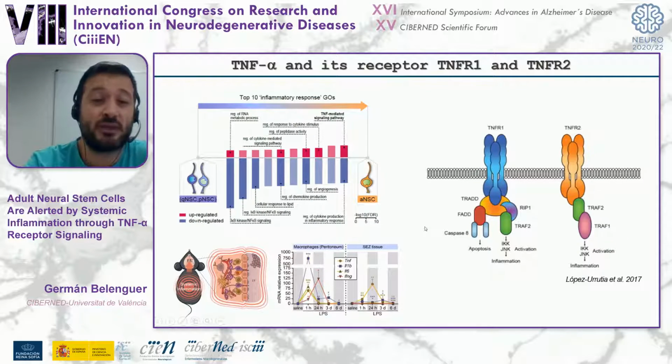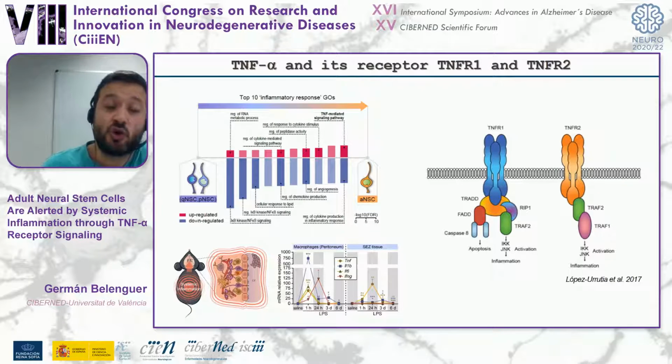If we look in detail into the inflammatory response characteristic of the quiescent stem cells, what we see is that the top upregulated term in this transition is TNF-α mediated signaling pathway. And interestingly, this cytokine is highly upregulated 24 hours after LPS injection in the subependymal zone.